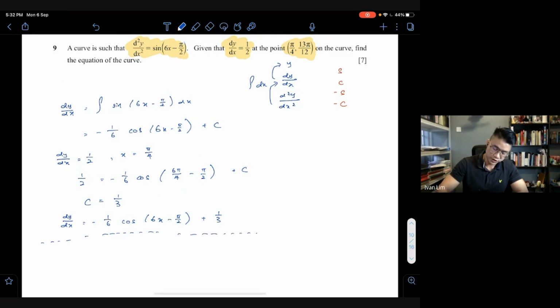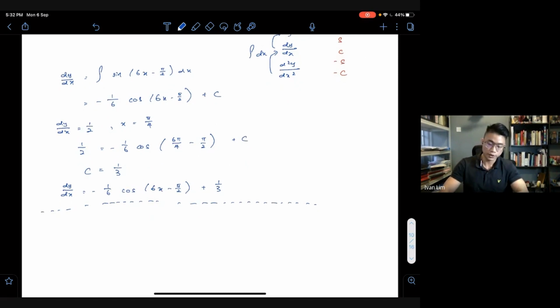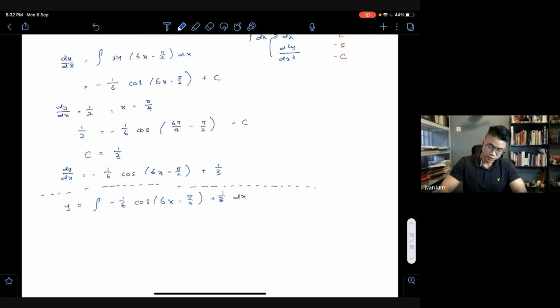Okay, so got to integrate one more time to find y, because integrate dy dx you'll get y. So y equals to integrate negative 1 over 6 cos 6x minus pi over 2 plus 1 over 3 dx. Okay, integrate it again. So negative 1 over 36 sine 6x minus pi over 2 plus 1 over 3x plus d.